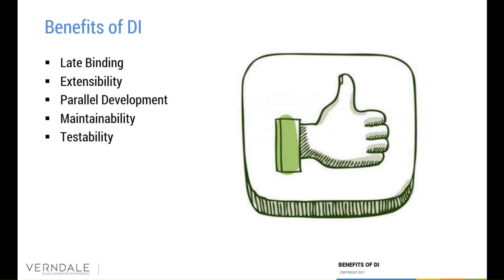And parallel development: we see that separation of concerns makes it possible to develop code in parallel teams. Assume one team is building services, maybe a web API or web services, and you are the consumer of the services. Maybe you are part of another team implementing a web application or Windows application, and you need to consume those services.